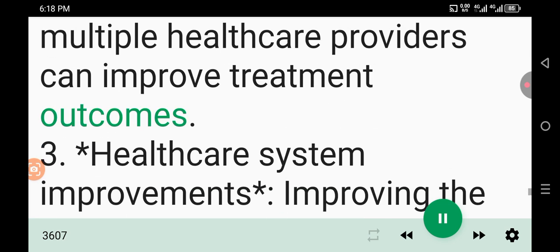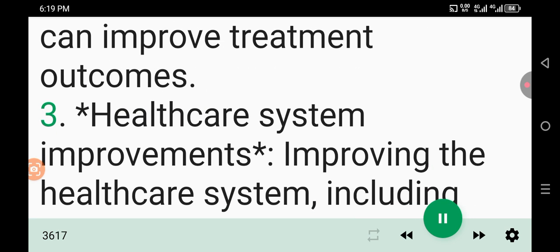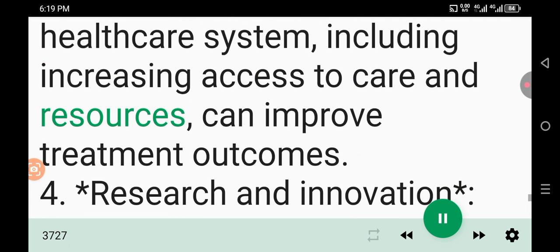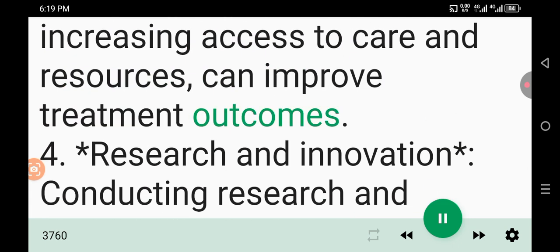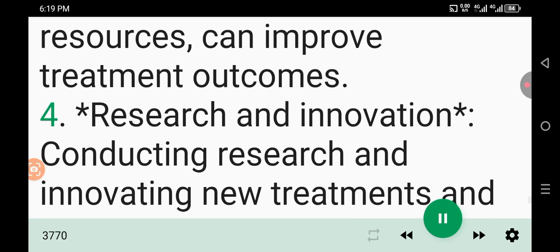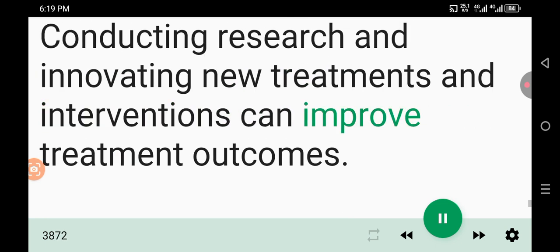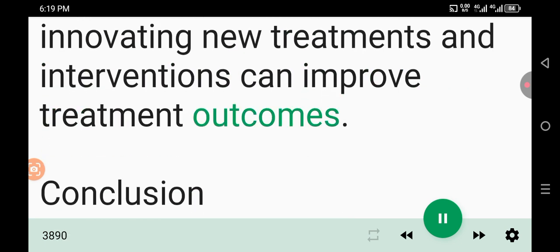Coordinating care among multiple healthcare providers can improve treatment outcomes. 3. Healthcare system improvements. Improving the healthcare system, including increasing access to care and resources, can improve treatment outcomes. 4. Research and innovation. Conducting research and innovating new treatments and interventions can improve treatment outcomes.